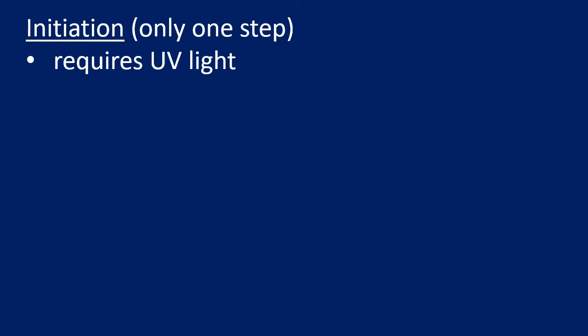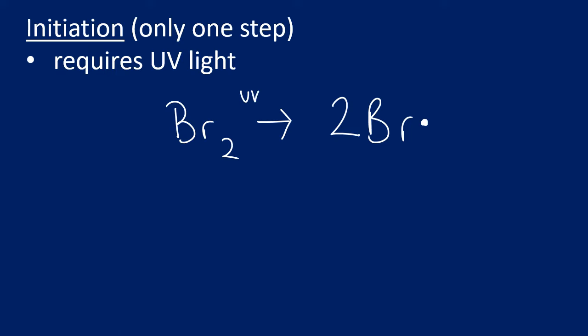So the halogen, I'm going to stick with bromine. The initiation takes the halogen and turns it into 2 halogen free radicals. So we end up with Br2 makes 2 Br dot. It's important to show this dot because I'm showing that it's a free radical. And UV light is needed, so we often write UV light above this arrow.